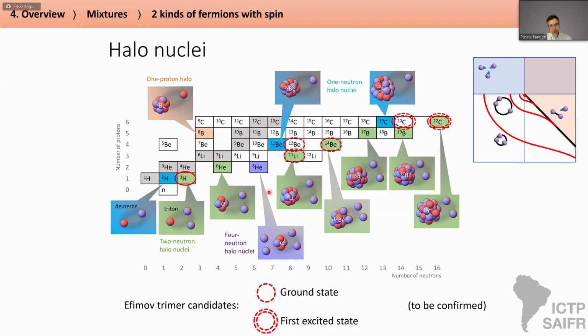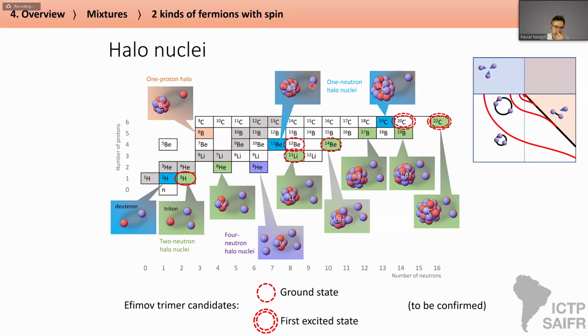Okay, so when we look at these halo nuclei, it is very reminiscent of what we've been discussing in this universal three-body physics. We've seen that for resonant S-wave interaction, we can have this large S-wave dimer, called a halo dimer, that could be produced experimentally in the laboratory with ultra-cold atoms.